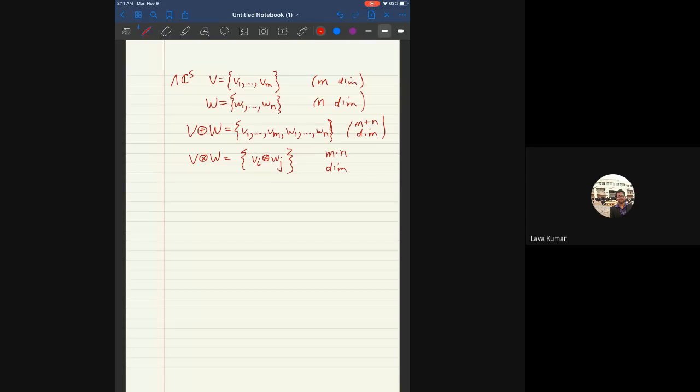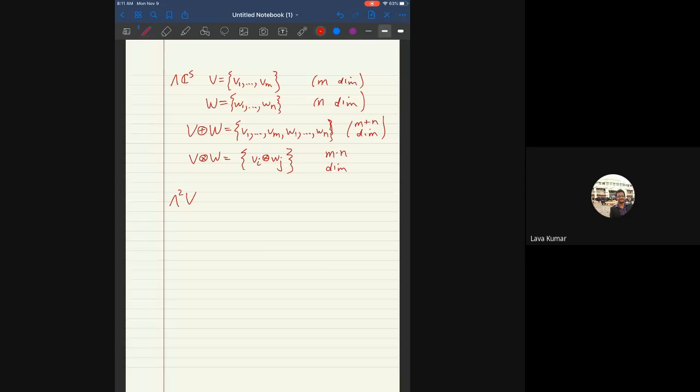Now, another thing I can do is if I take my vector space V as before, I can define the two forms, the vector space of two forms over V. What is that?